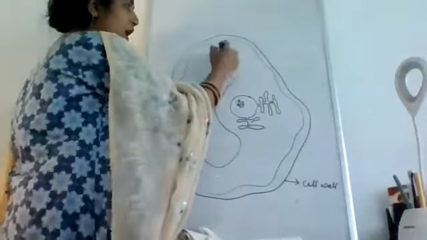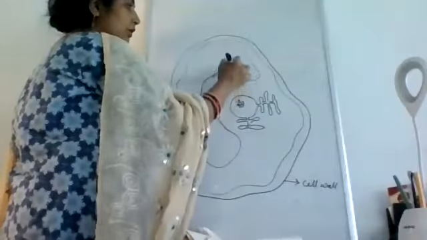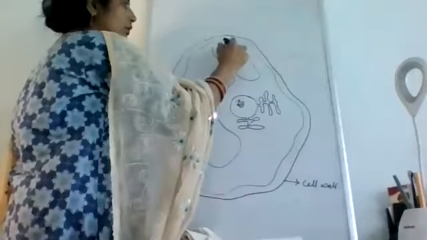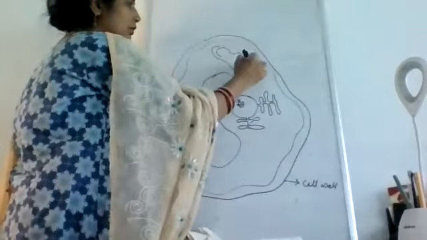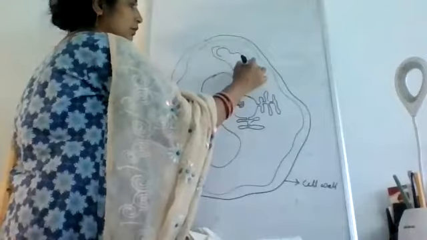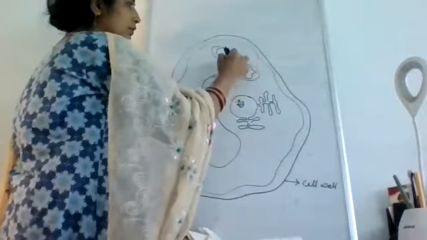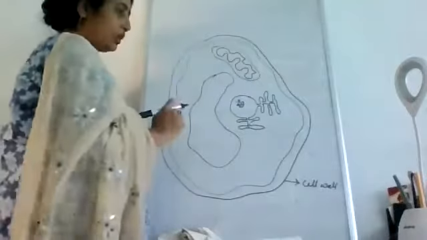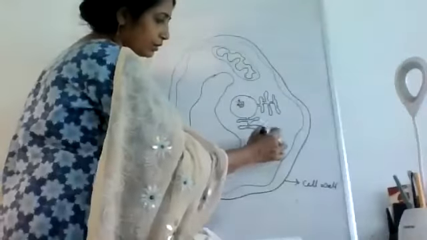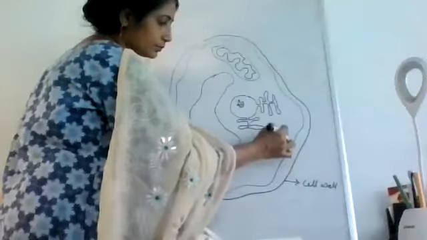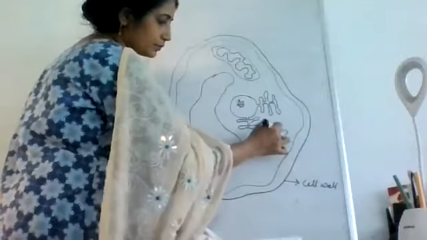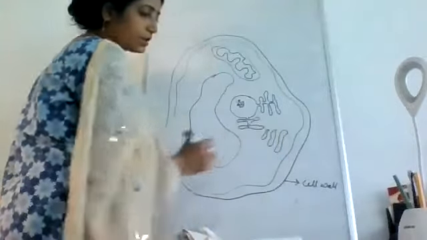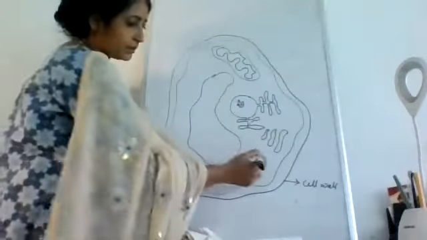Then here, what is this? Mitochondria. This is mitochondria. Then this is the Golgi complex.